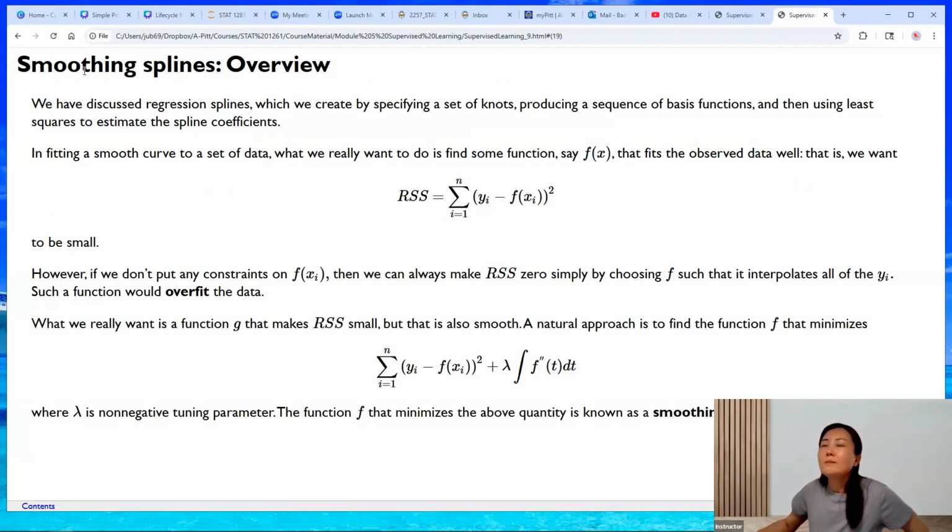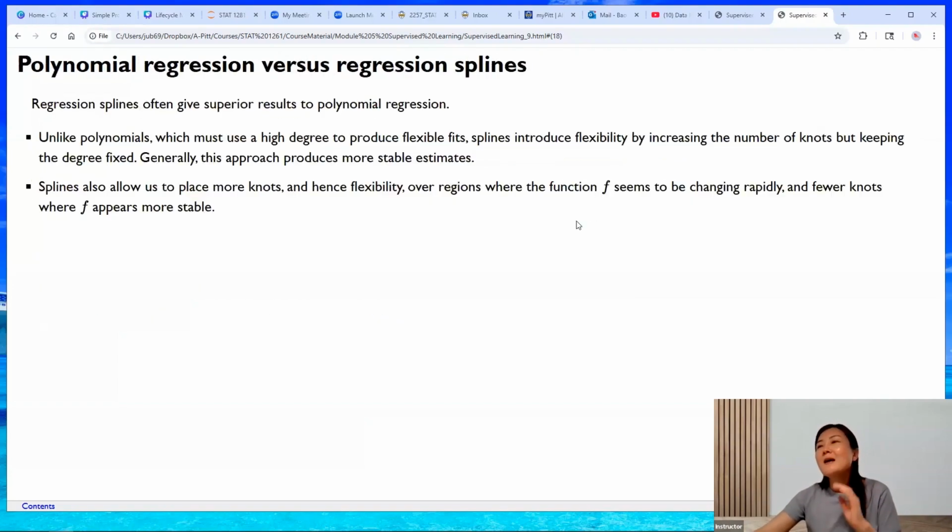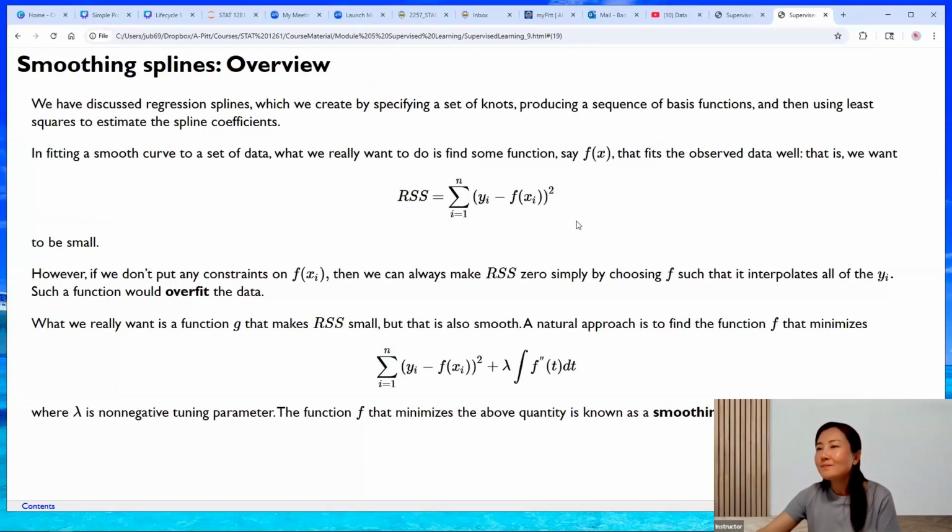And furthermore, smoothing splines. Before this slide, we were talking about natural splines. At each knot, we have 3 constraints, and then we have two constraints in the boundary areas. A lot of constraints already, right? Furthermore, the regression line will try to minimize the residual sum of squares.